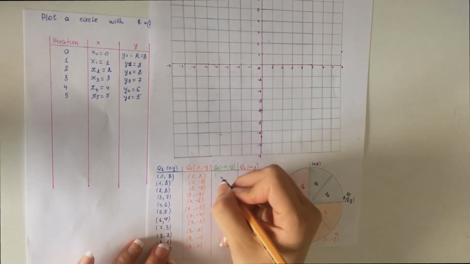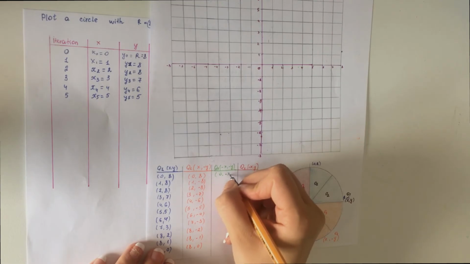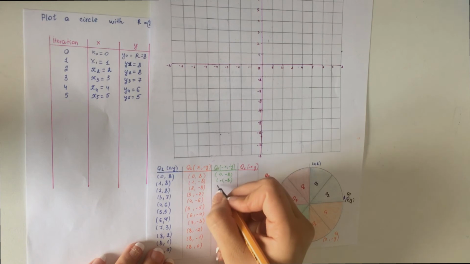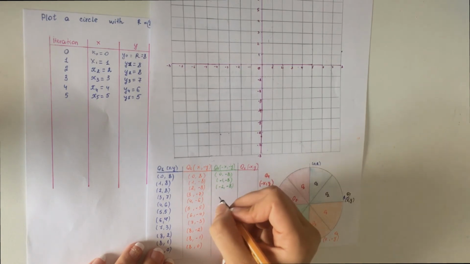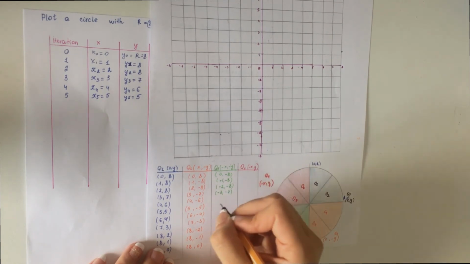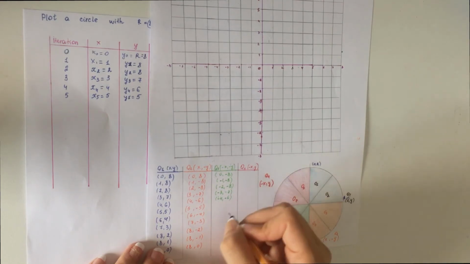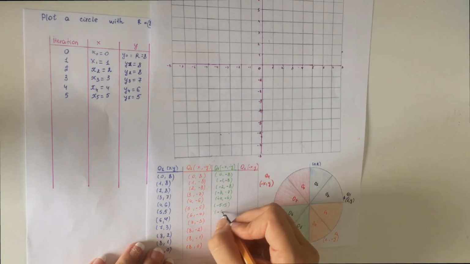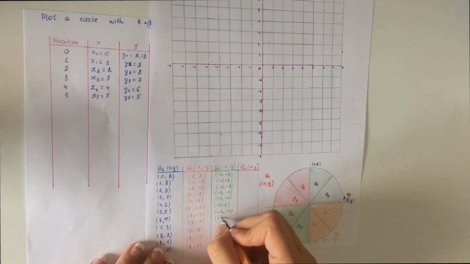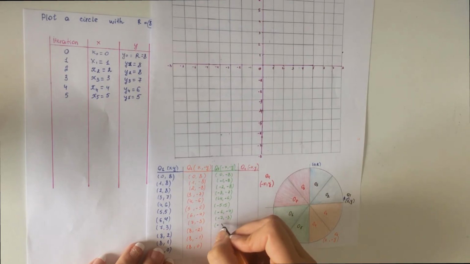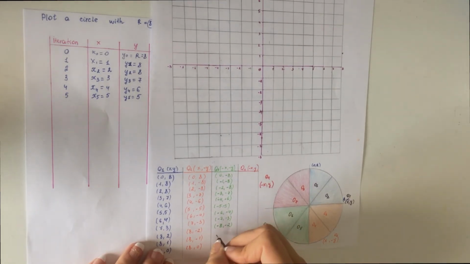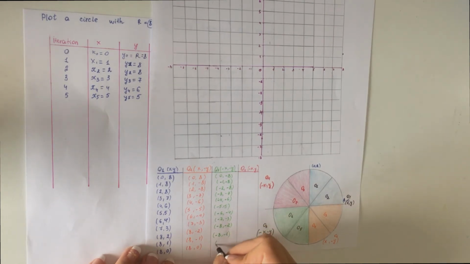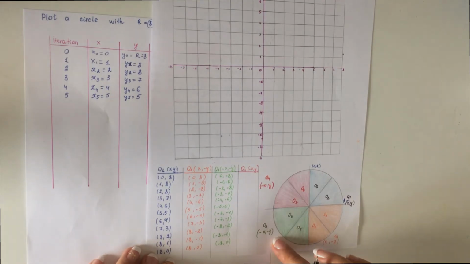In the third quarter, the values of x and y coordinates will be negative. So the values are 0, minus 8; minus 1, minus 8; minus 2, minus 8; minus 3, minus 7; minus 4, minus 6; minus 5, minus 5; minus 6, minus 4; minus 7, minus 3; minus 8, minus 2; minus 8, minus 1; minus 8, 0.